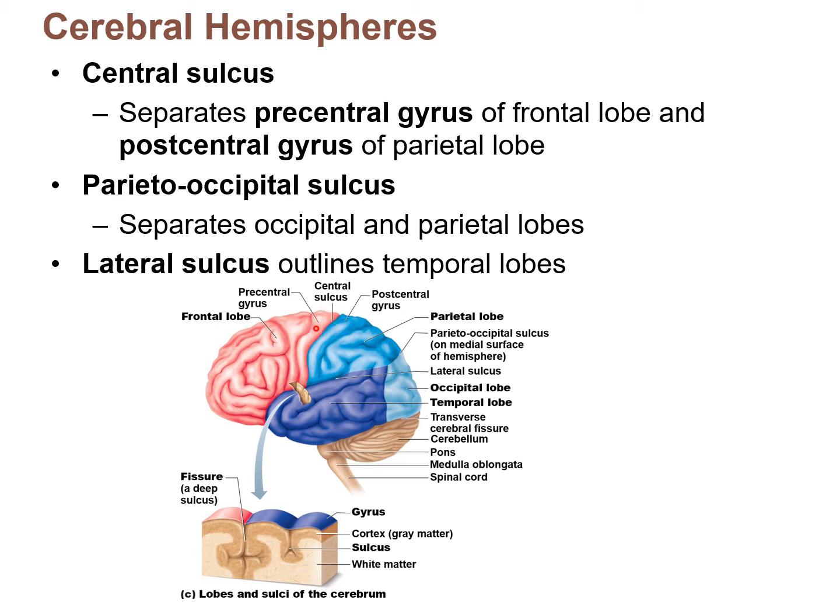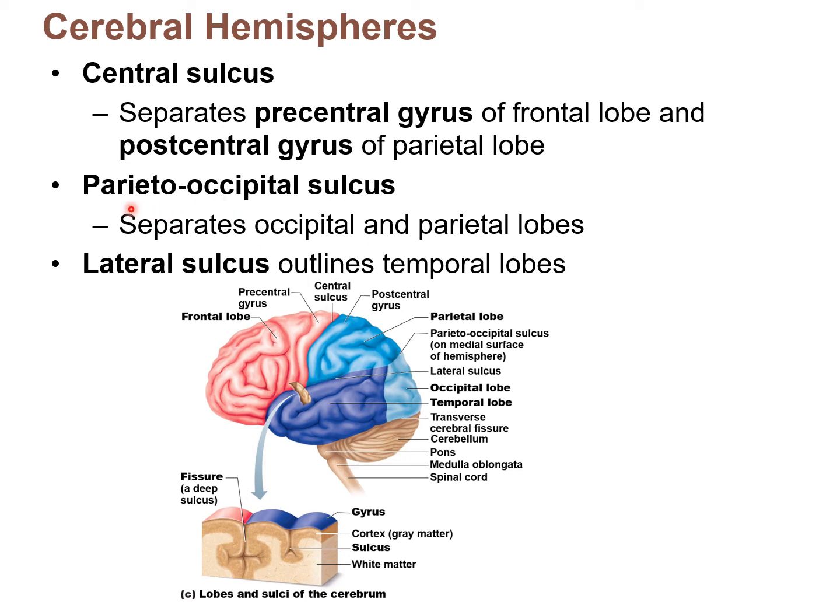The one on the frontal lobe side, anterior, is called the precentral gyrus, because pre means in front of, precentral, in front of the central sulcus. So this is your precentral gyrus. It is on the frontal lobe. And then on the other side of the central sulcus you have a postcentral gyrus. That's on the parietal lobe, and they're going to have functions which we're going to see in a little while.